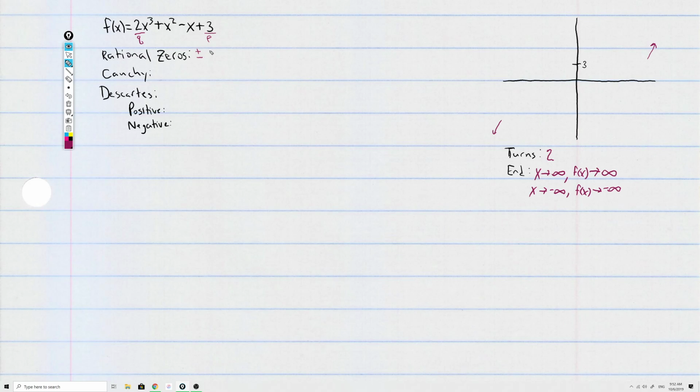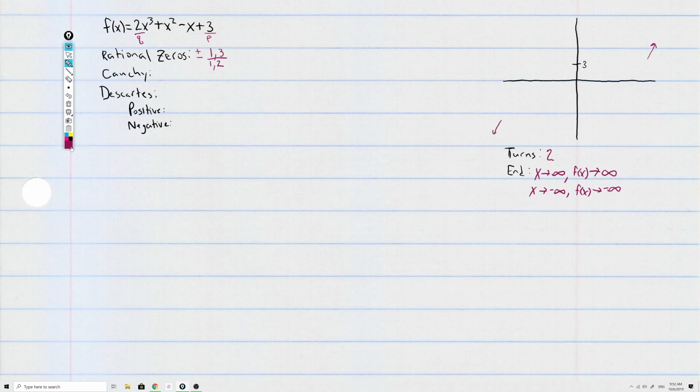I'm kind of lazy, so I just want to write 1 plus or minus sign. So the factors of 3 are 1 and 3. The factors of 2 are 1 and 2. So there aren't all that many possibilities here. We have 1 over 1, 1 over 2, 3 over 1, and 3 over 2. So a plus or minus of all of those. So not too many possibilities.